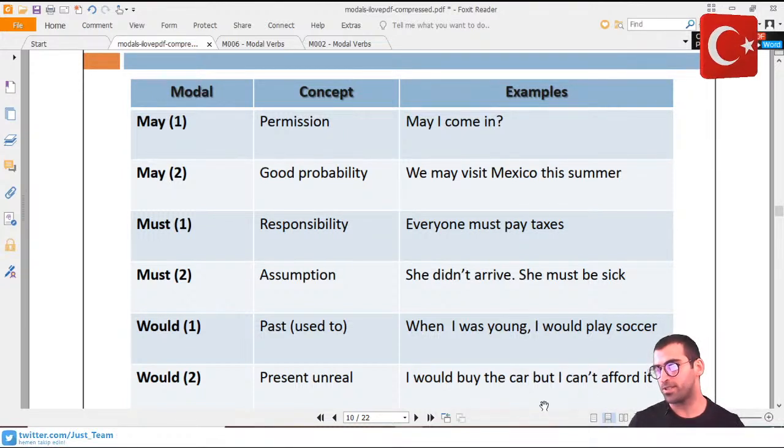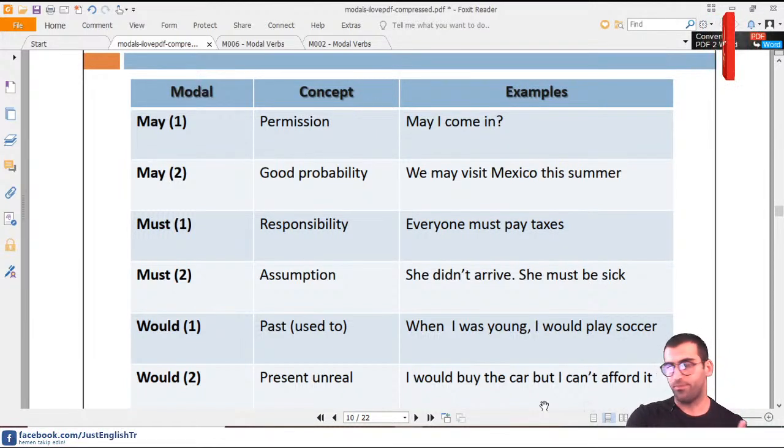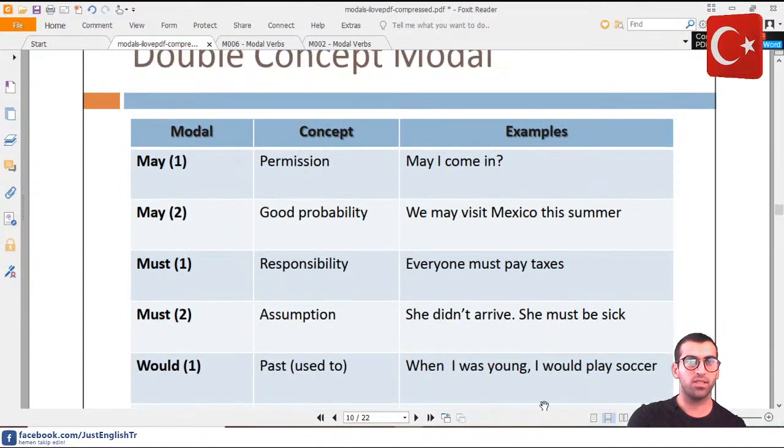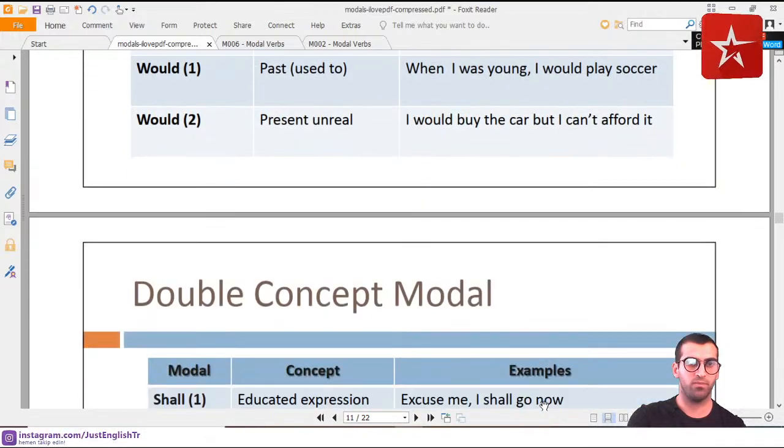Yes, everyone wants to do that. Great. So would has the meaning of present unreal, like I would buy the car, but I can't afford. Okay. Great. This was about a double concept modal.